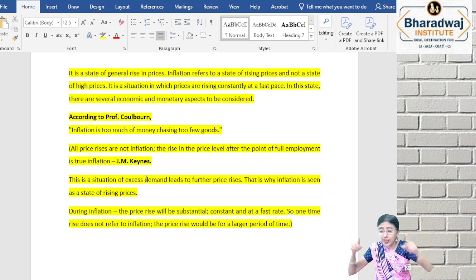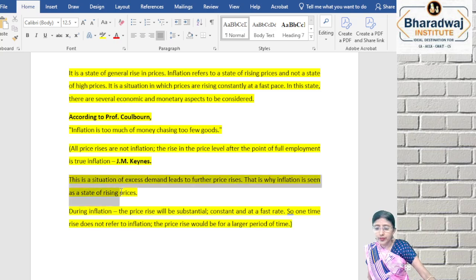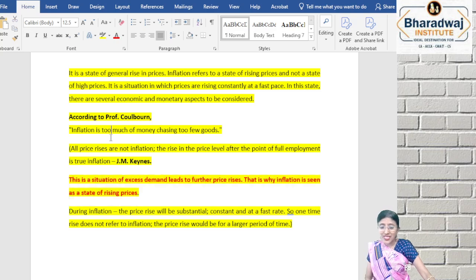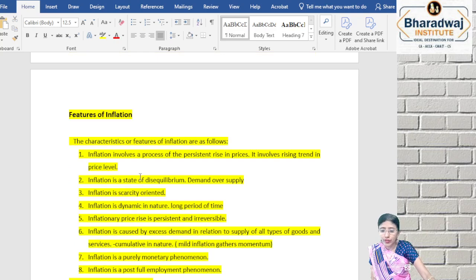Know the difference between a state of high prices and a state of rising prices. Inflation is not a state of high prices; it is a state of rising prices. If they ask a conceptual question, this is very important. Remember that.